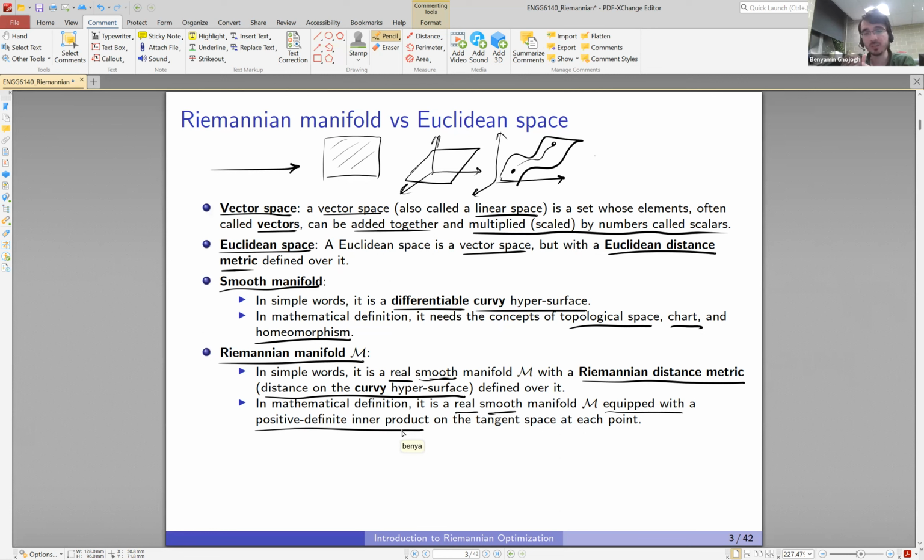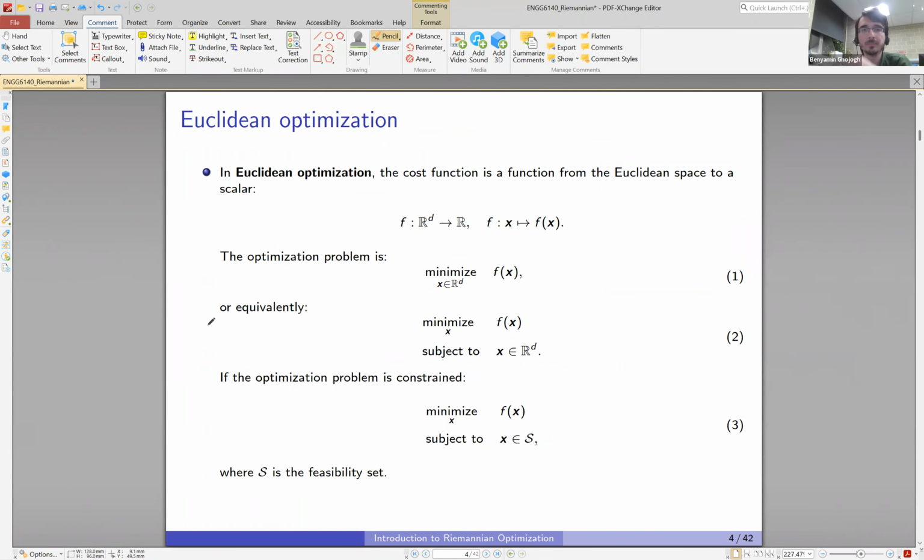We are going to talk about these in a few slides. So you can calculate the inner product in that manifold on the tangent space at each point. And this inner product is called the metric of the manifold. So we are going to explain the mathematical details of these in a few slides soon. Okay.